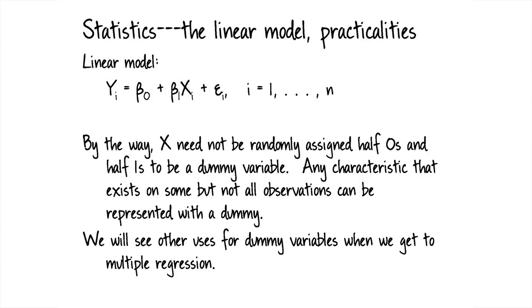And by the way, x need not be randomly assigned half zeros and half ones or anything like that to be a dummy variable. We can use dummy variables if we have this sort of random assignment variable, but we can use them for lots of other things too. Any characteristic of the observations that exists on some but not all observations can be represented with a dummy variable.